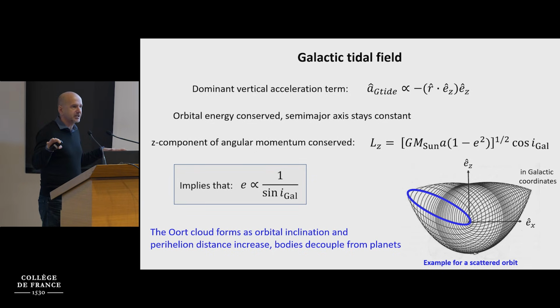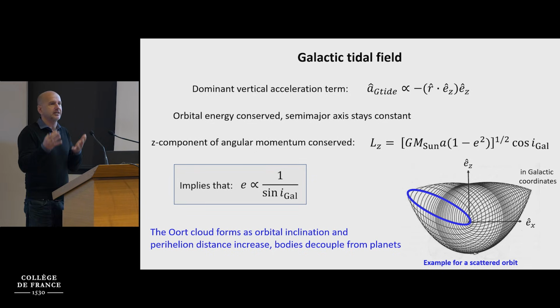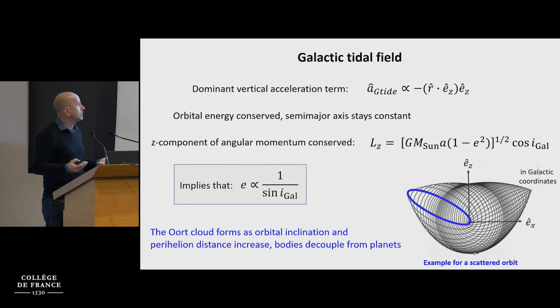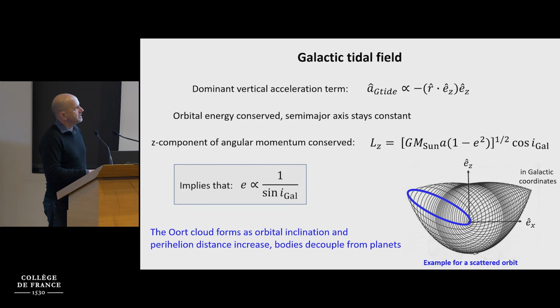Comets scattered along the ecliptic become decoupled, inclination increases, and we generate the spherical Oort cloud. So this is an example of that evolution. This is again in galactic coordinates. Say this was a comet that was ejected by Neptune.